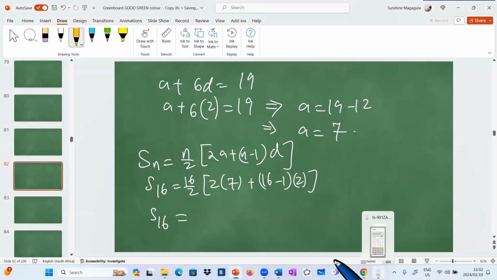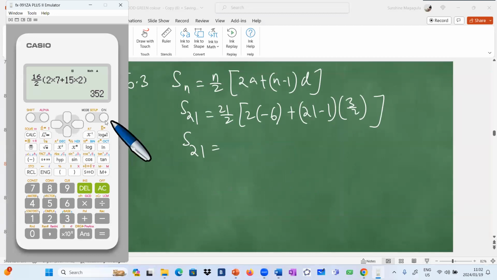Let's use a calculator. It means that you have 21, 2 into minus 6. The answer is 189. Okay, awesome.